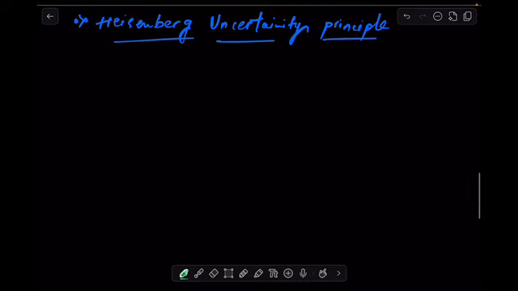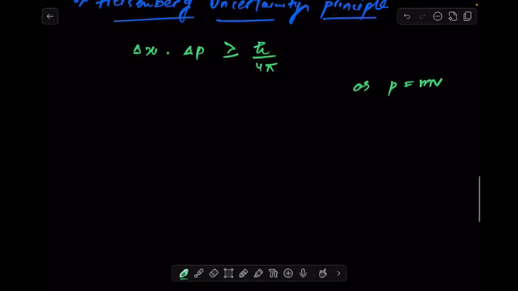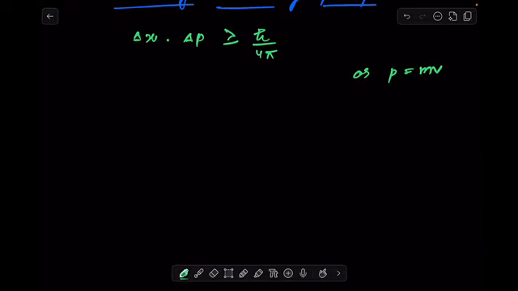So basically, according to the Heisenberg uncertainty principle, the uncertainty in position and uncertainty in momentum is always greater than or equal to h over 2 pi. It's 4 pi. Or you can say, we know that p is equal to mv, and the mass of the microscopic particle will not change.